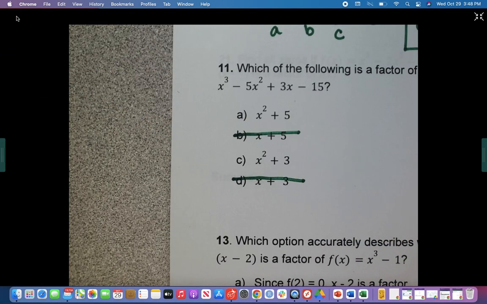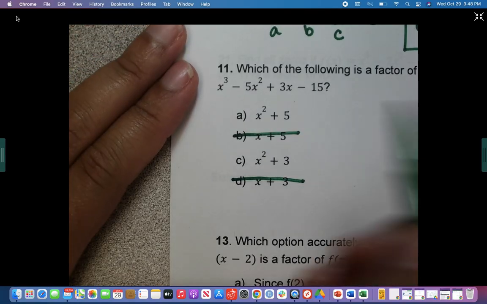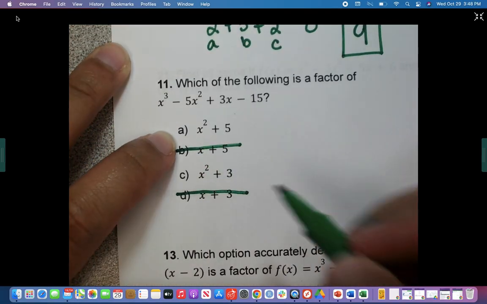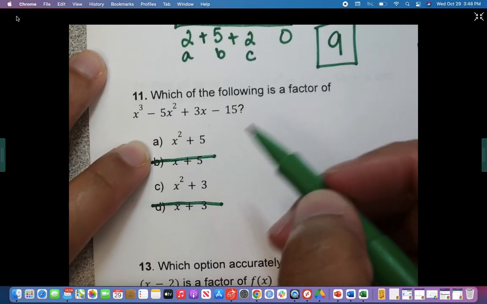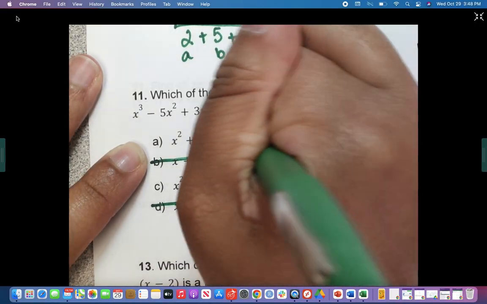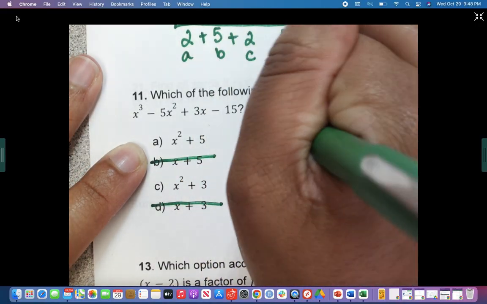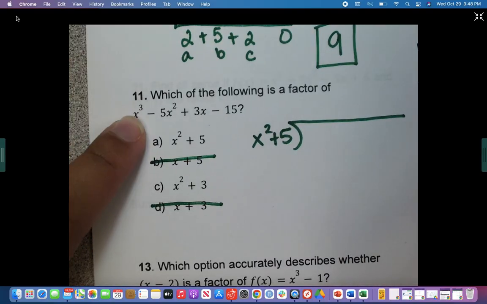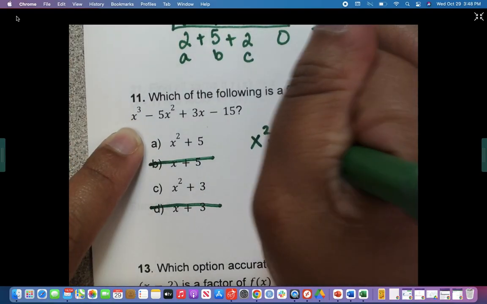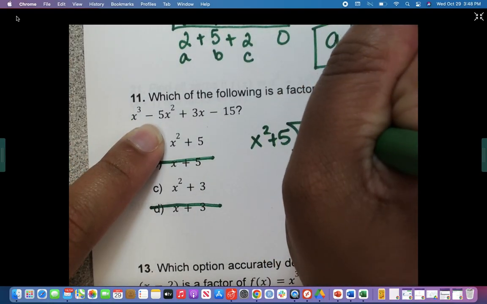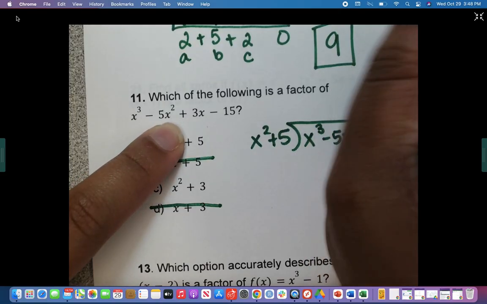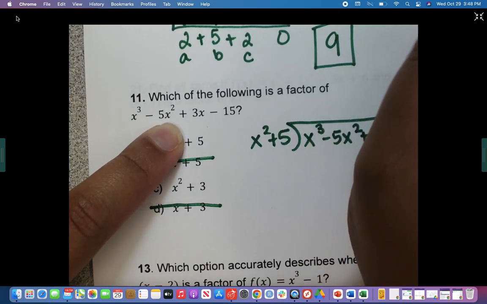All right, so just like I did on the first page. So I'm just going to go with A and divide and see if it divides evenly. So x squared plus 5. Put my dividend, so x to the third minus 5x squared plus 3x minus 15.